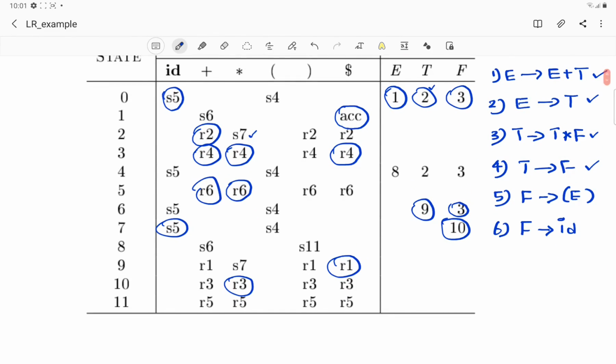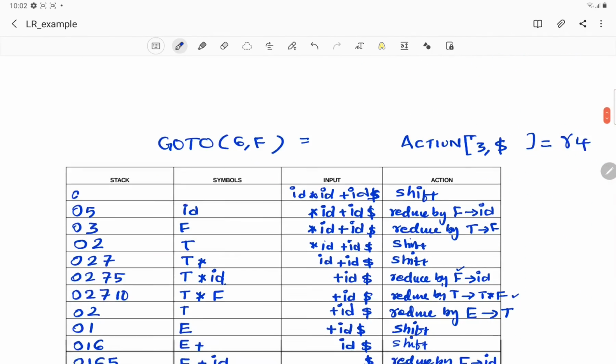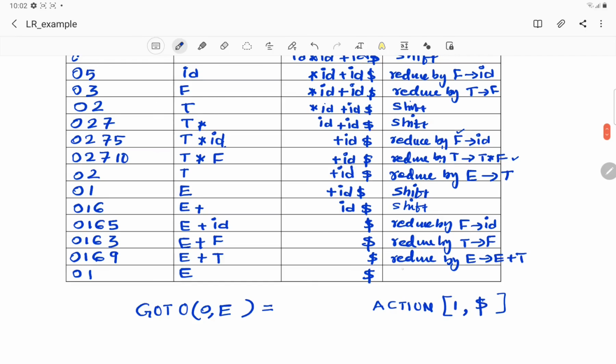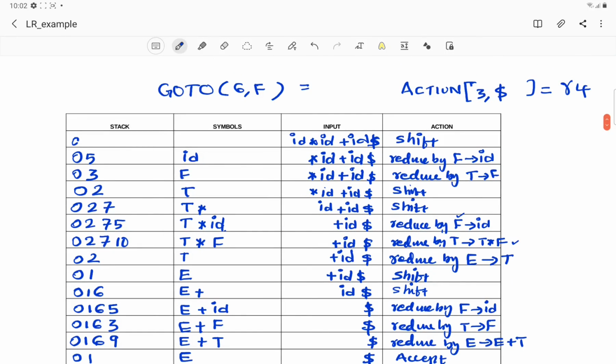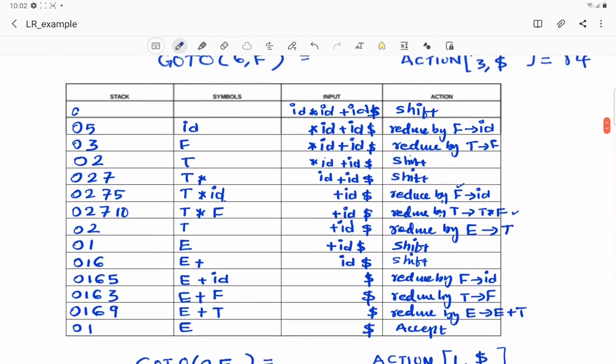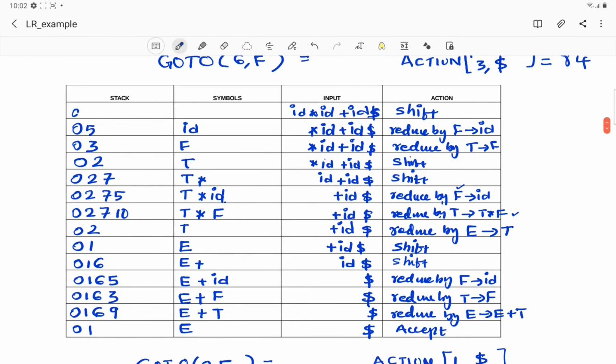ACC means accept. So the action will be accept. That is, the string is accepted by our parser. So this is how an input string will be parsed by our LR parser. Okay, thank you.